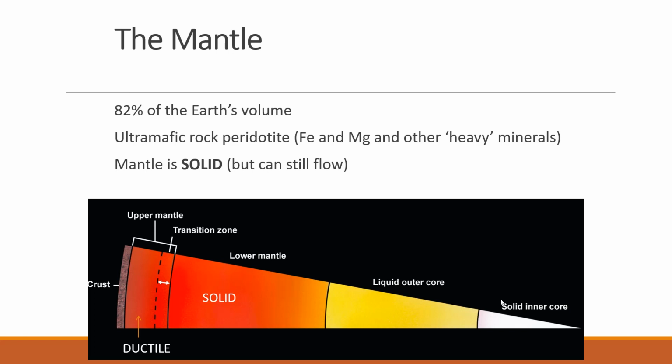But if you roll silly putty into a ball and set it on a desk and you come back an hour later, it will have kind of spread out into a puddle because it can flow under long periods of time. If you take that silly putty and pull it apart very fast, it will break in two. If you pull it apart slowly, it will stretch and bend. That's what the rocks in the mantle can do, only we're talking a much, much longer time period than what we would see with silly putty.